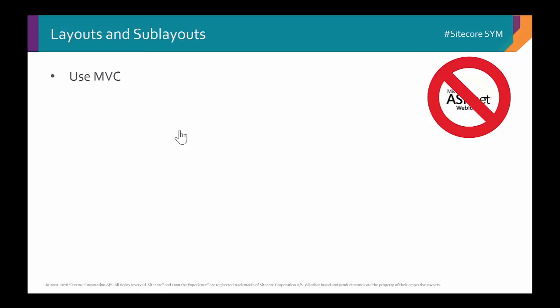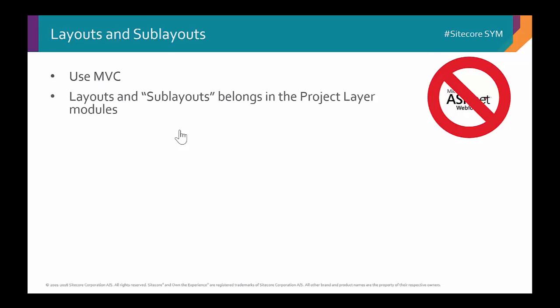Lots of things like dependency injection and all those focus areas for Sitecore are targeted towards MVC. Layouts and sublayouts: a layout is the overall scaffolding of a page, and a sublayout is the restructuring of the placeholders inside a page.